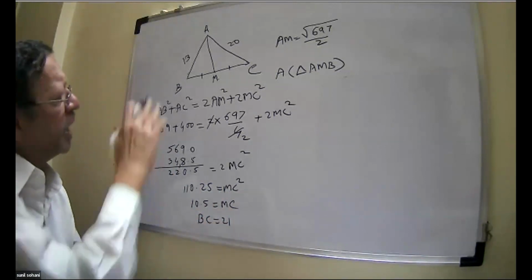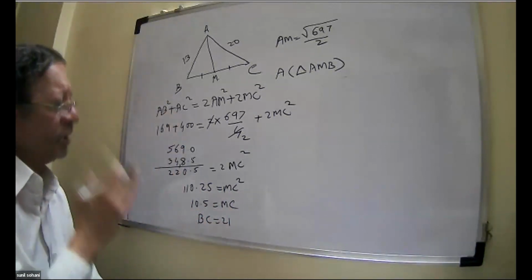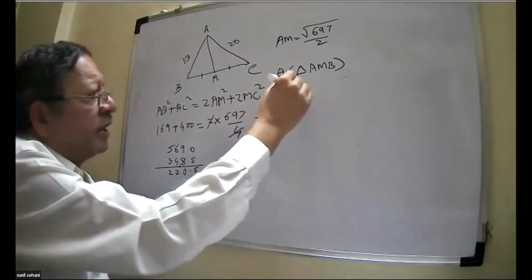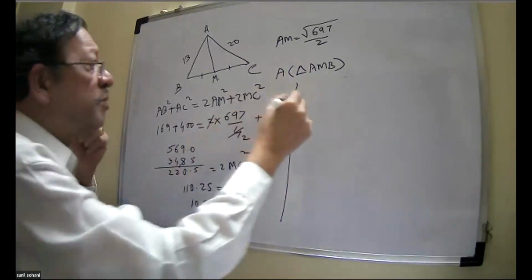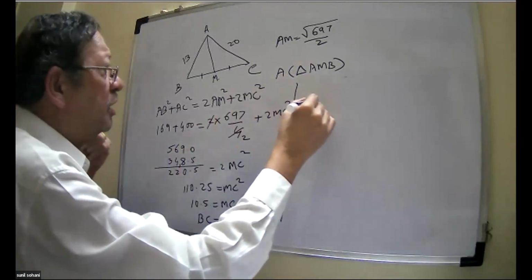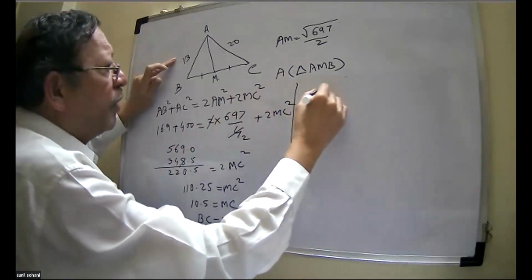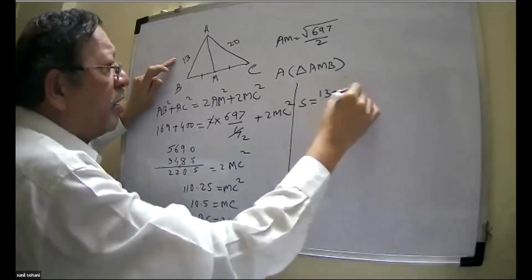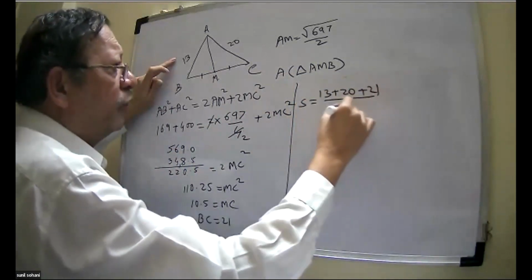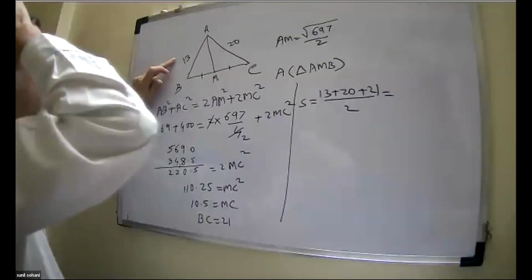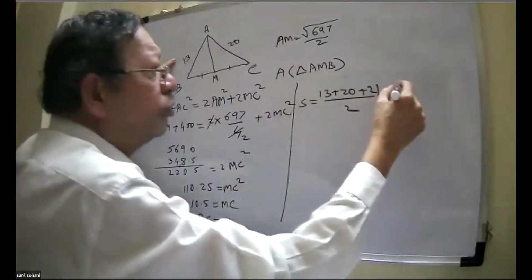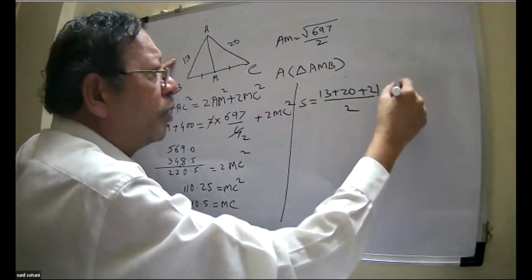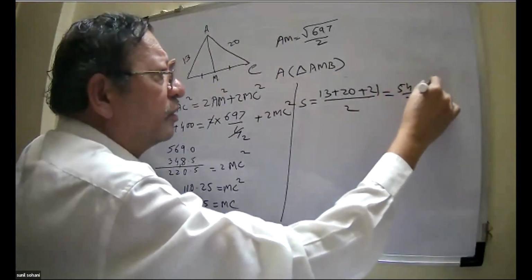So this part was to find out the length BC. The next part is just doing Heron's theorem. Semi-perimeter is (A plus B plus C) upon 2, that is 13 plus 20 plus 21 upon 2, which is 54 upon 2, which is 27.